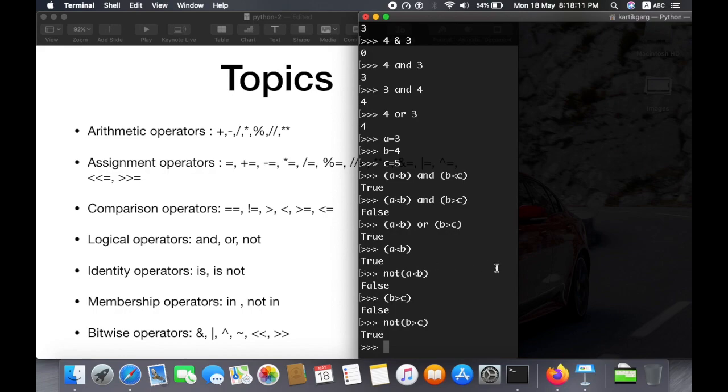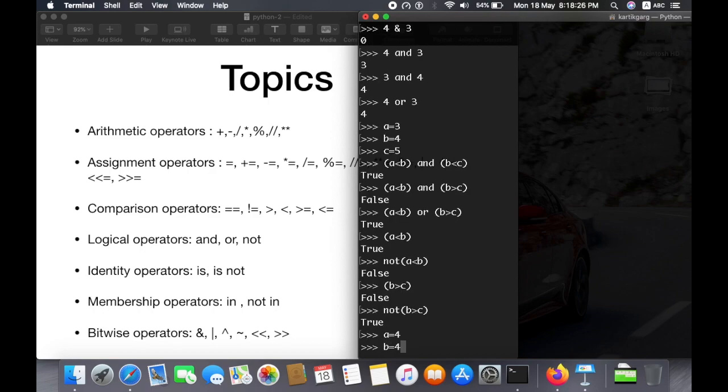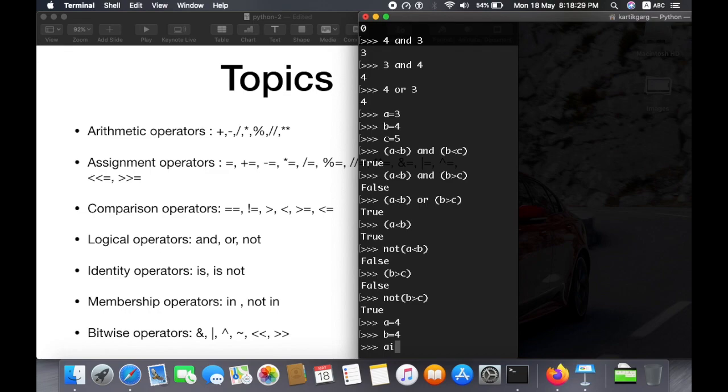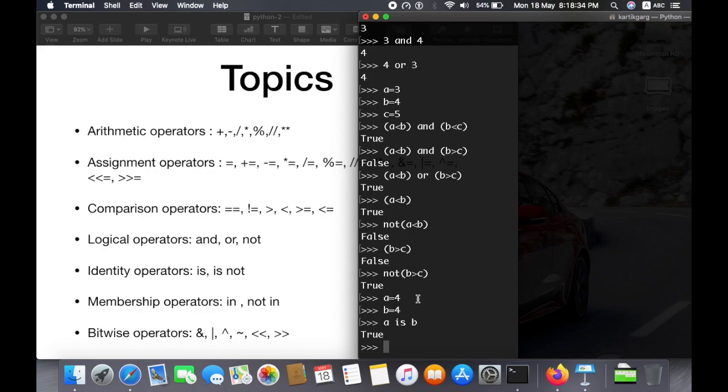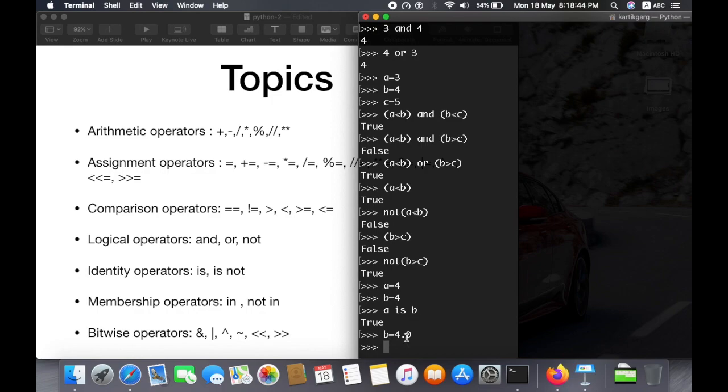Now there are some more operators like identity operators. In the case of identity operators, we can check like if a is equals to 4 and suppose b is equals to 4, both are same. Now check for a is b, true, because a and b are same in the case of values. But suppose I changed b from int to float, then what will happen?